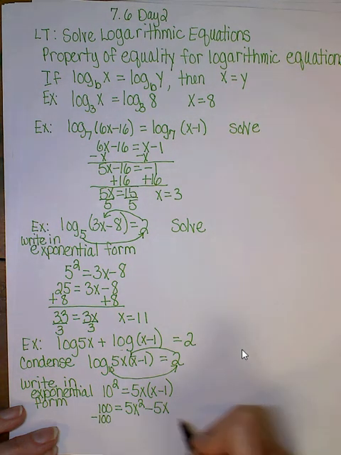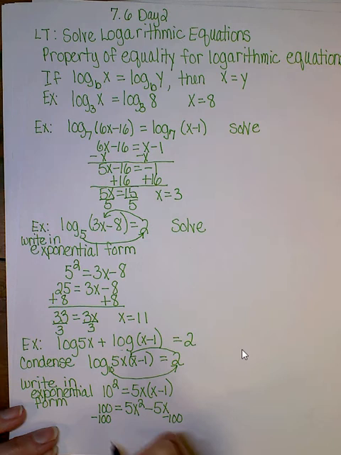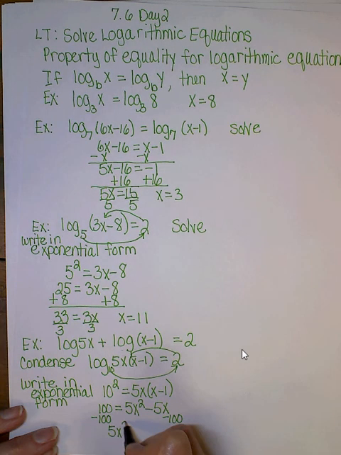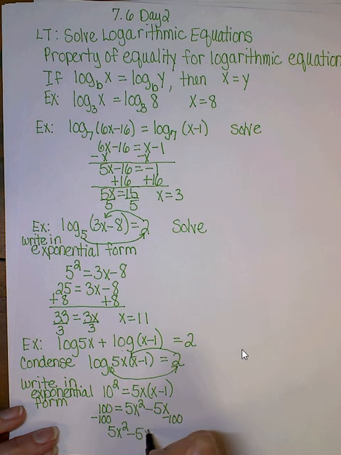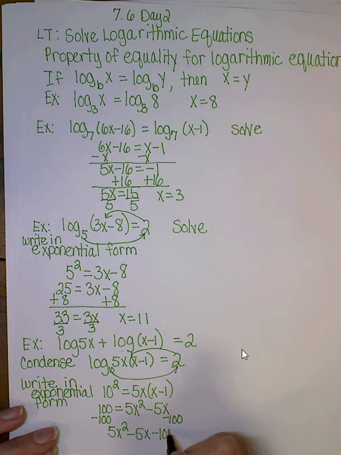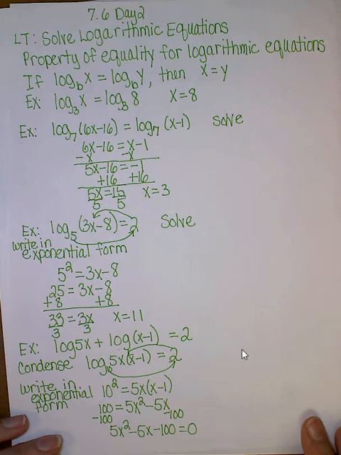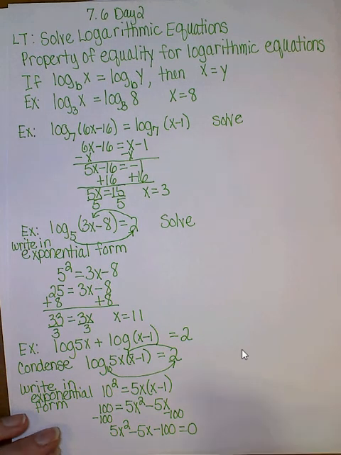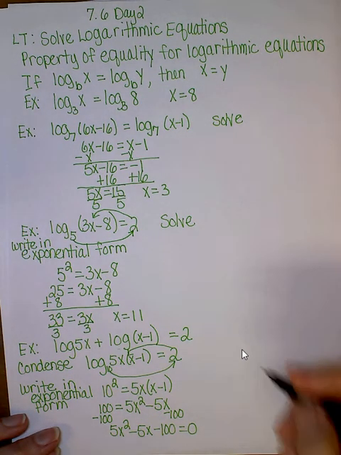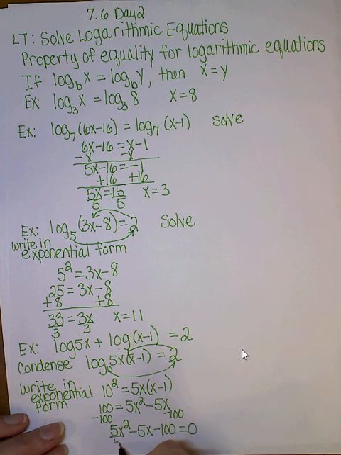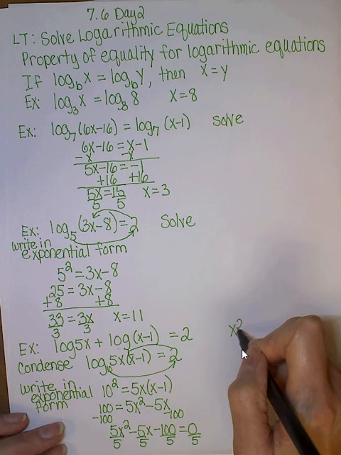Alright, now we're going to get it set equal to 0. So I'm going to subtract over the 100. Alright, now we could use regrouping on this, but since all of these numbers are divisible by 5, let's divide everything by 5. Since I'm dividing everything by 5, it's not going to change our equation.